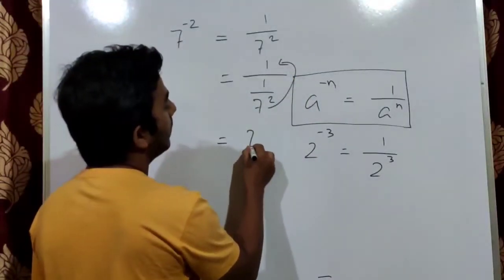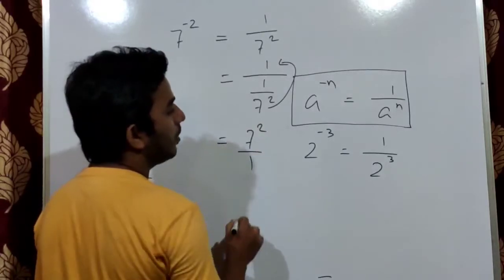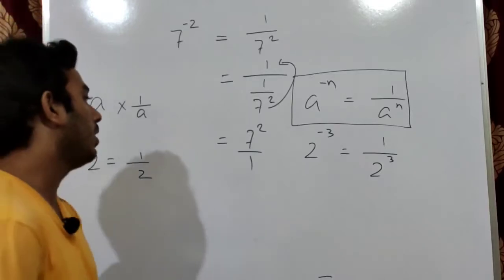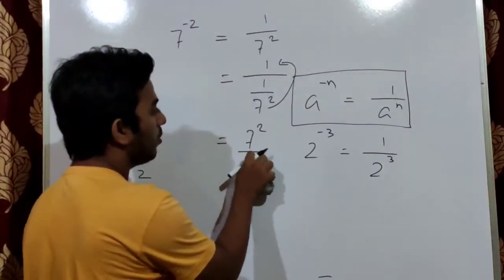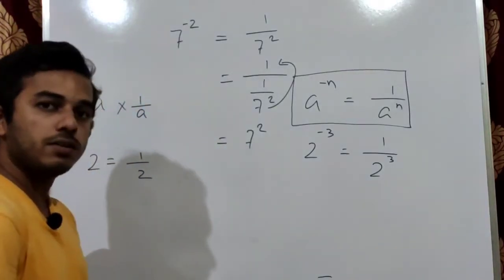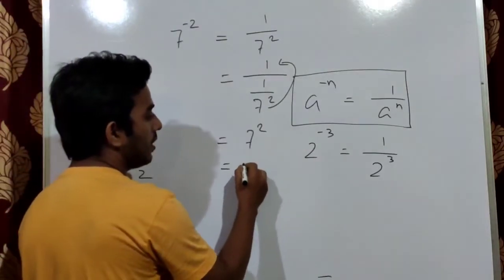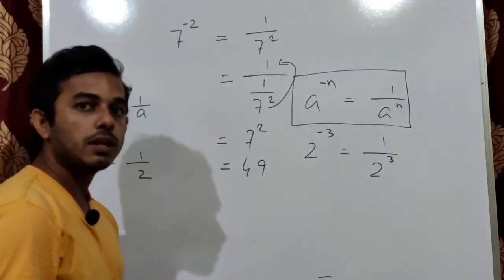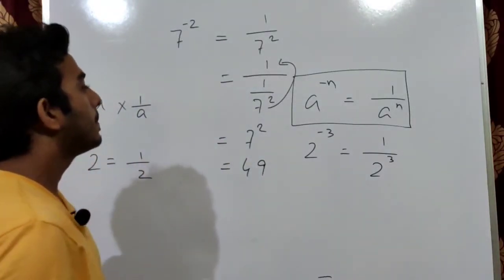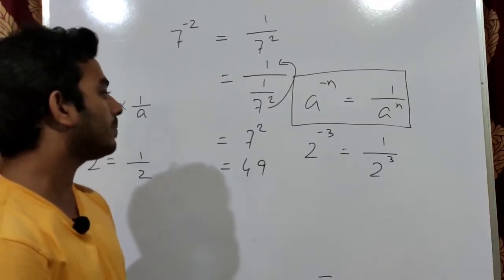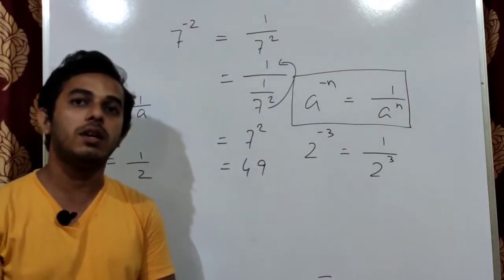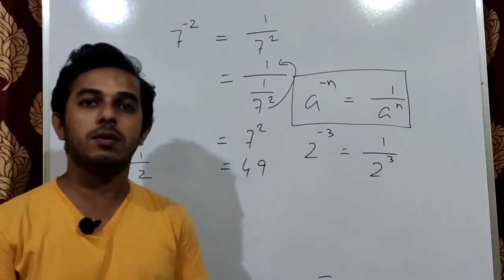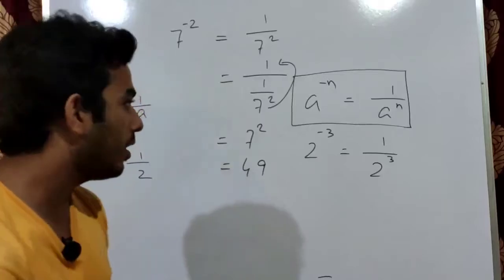It will be 7 square divided by 1. This 1 we do not need to write. So it will be 7 square, and 7 square is 49. So our multiplicative inverse of 1 by 7 square is 49. Clear? Okay. So now we will solve our exercise, and if we find any other type of questions, we will discuss there.